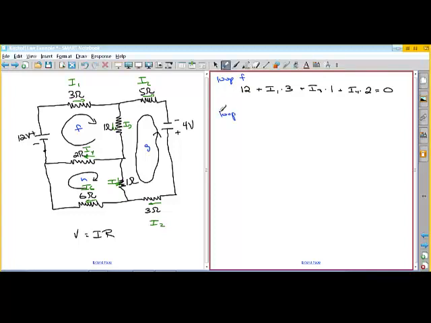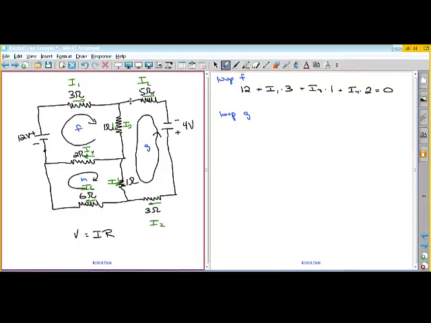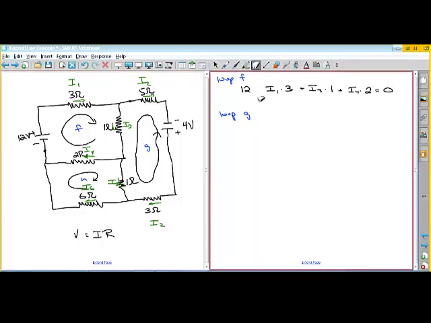Okay, for loop G, let's pick any point, doesn't matter where you pick. And you can go clockwise or counterclockwise. I'm just going to go clockwise as a kind of convention. Okay, the current's going in the same direction as I'm looping. So that means I have a voltage drop. And so I should have had all these negative up here.